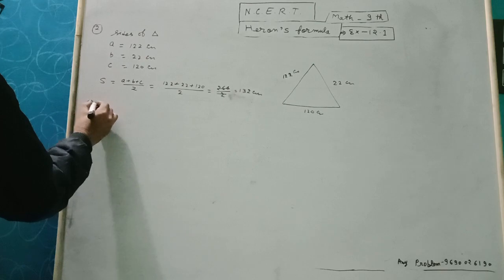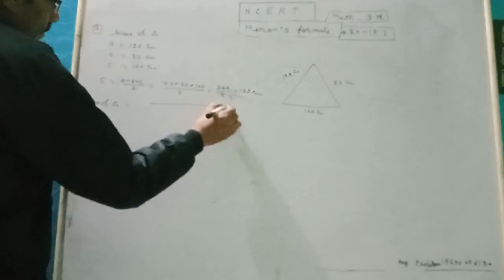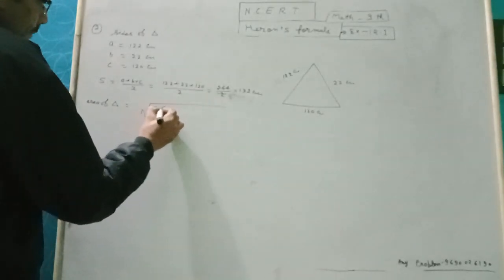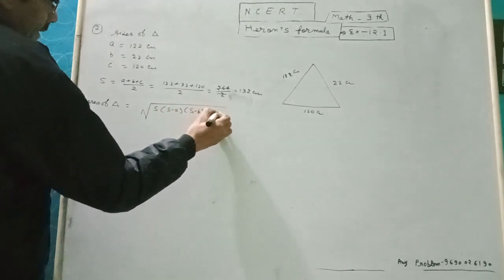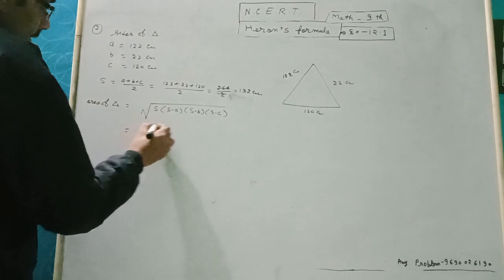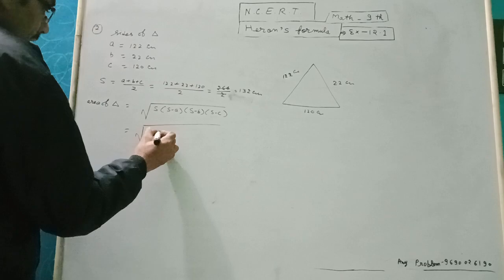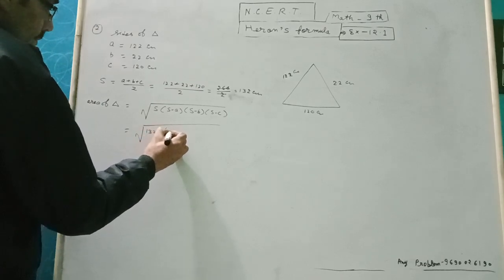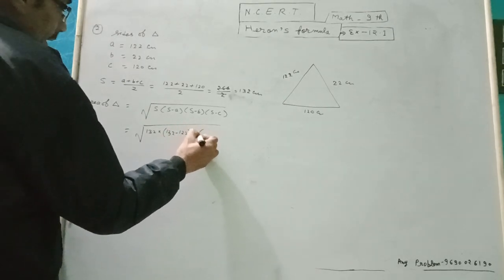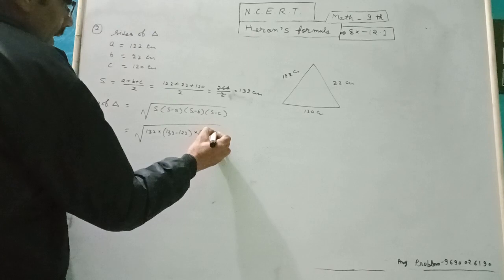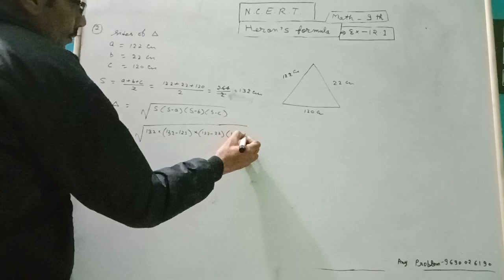Then the area of the triangle is equal to Heron's formula, under root S (S minus A)(S minus B)(S minus C). Under root, S value is 132 into 132 minus 122, multiplied by 132 minus 22, then 132 minus 120.